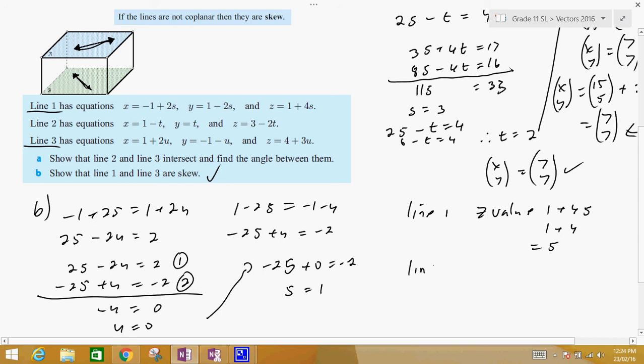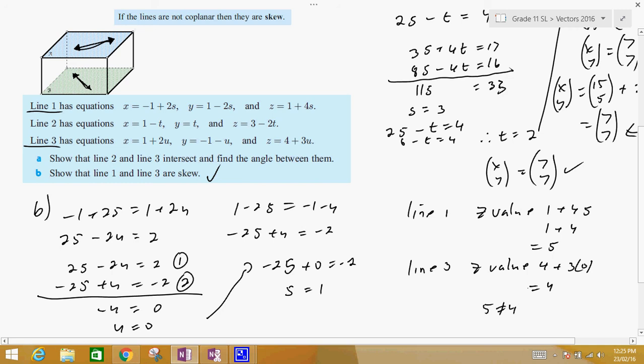But for line 3, the z value is 4 plus 3 times u, and u is equal to 0. And this equals 4. 5 does not equal 4, and therefore they do not intersect.